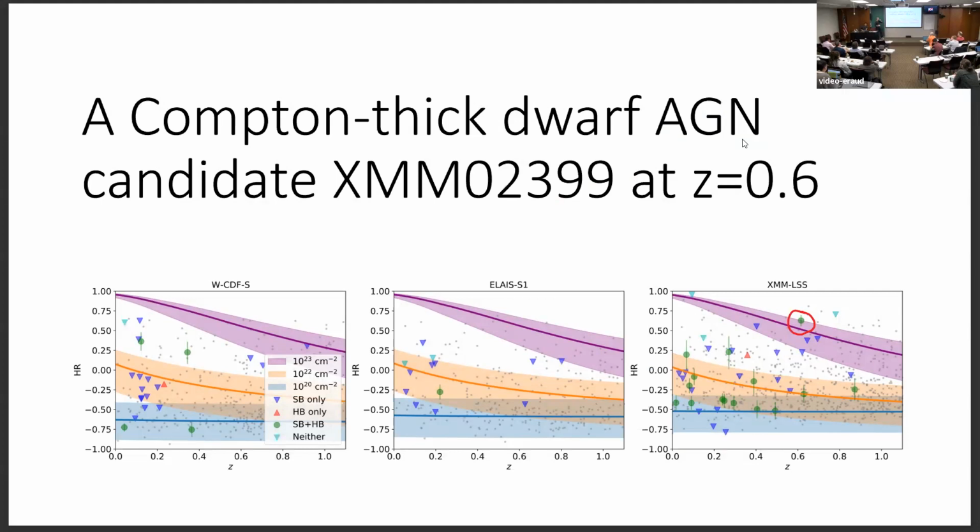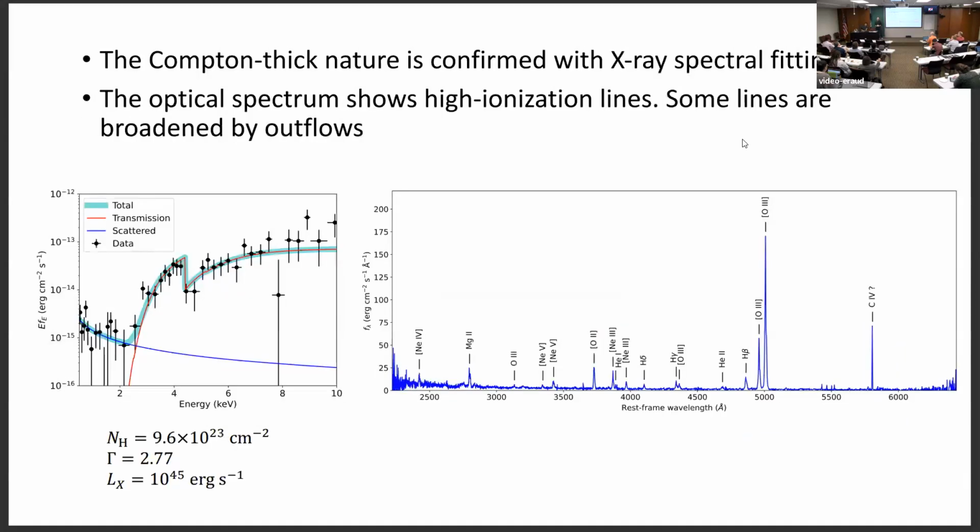We found this source because it has a high hardness ratio. As you can see, it is circled in the XMM-LSS figure. We then analyzed the XMM and also Chandra spectrum, and we confirmed that its column density is pretty high, 10^24 with a soft gamma, although the gamma is mainly constrained by the soft excess.